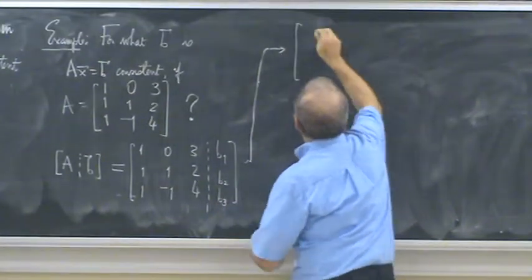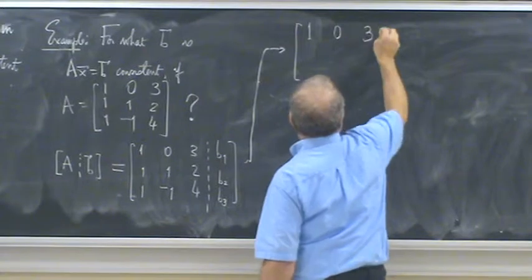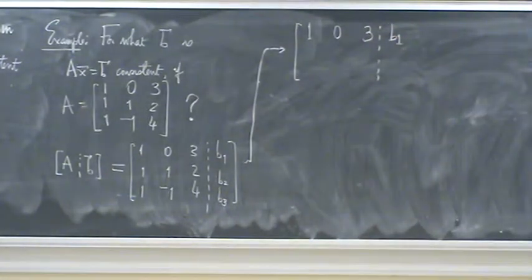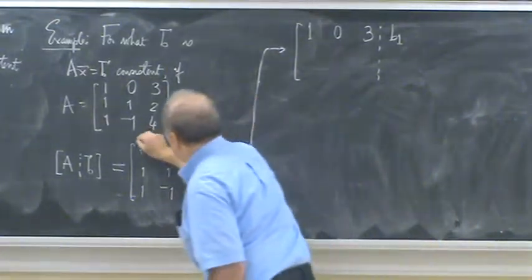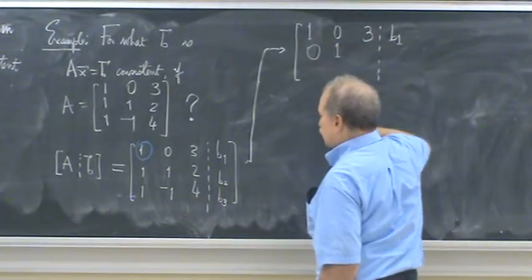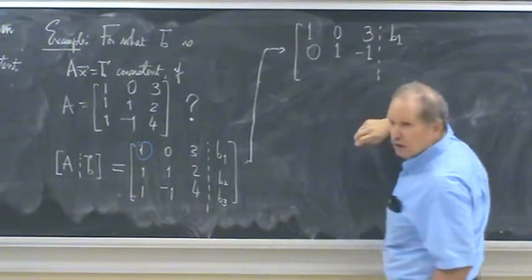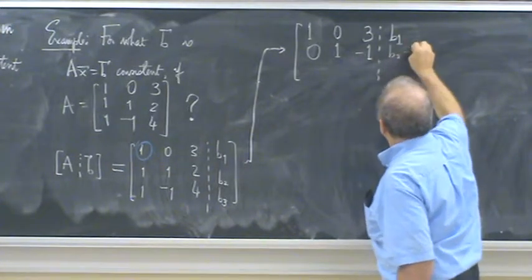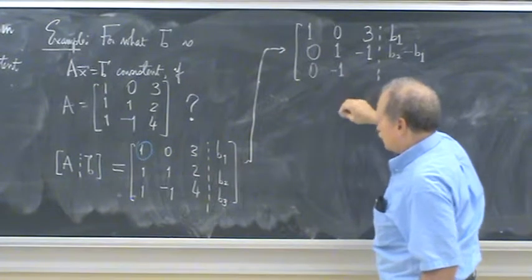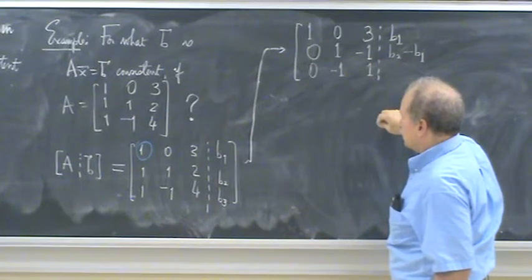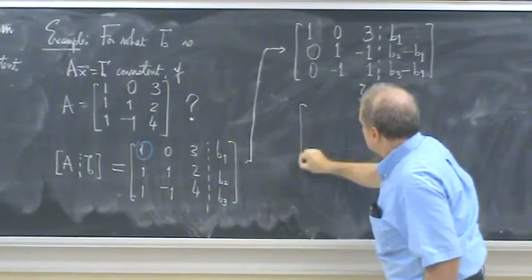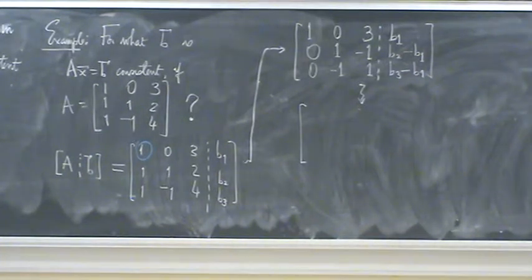What do I have? 1, 0, 3, b1. Read me the next row when I get rid of... So I'm going to use this pivot to clear out below it. 0, 1, negative 1, then 0, negative 4, 2 minus b1. Third row: 0, negative 1, 1. Are you going to say something to yourselves yet?